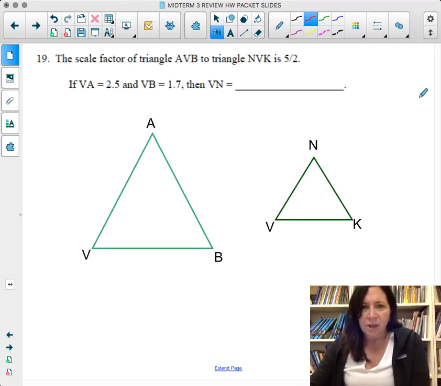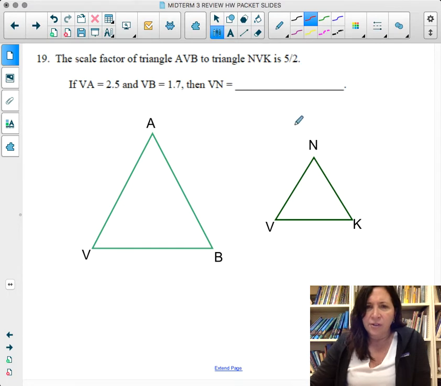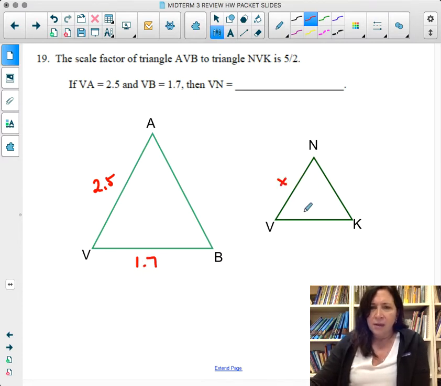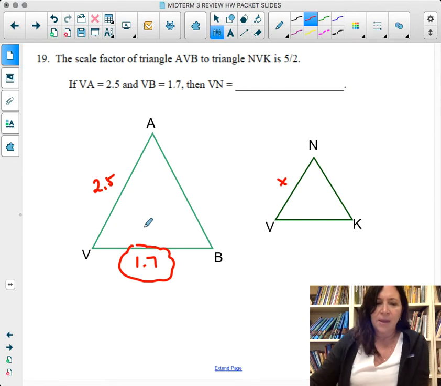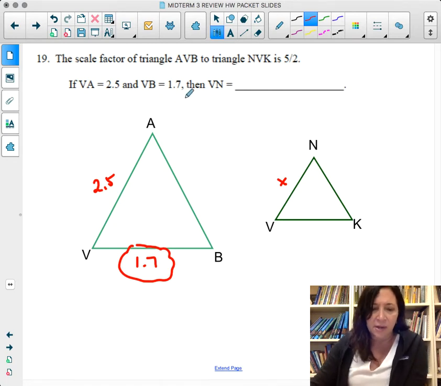19, the scale factor is 5 to 2. So if VA is 2.5 and VB is 1.7, what's VN? Well, this piece of information here is not necessary. They gave you extra information that you didn't need.